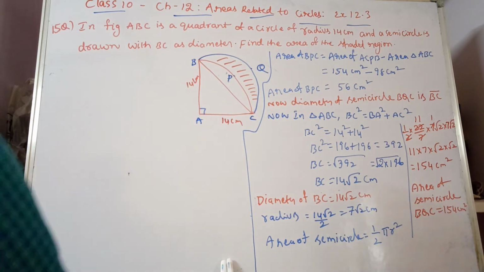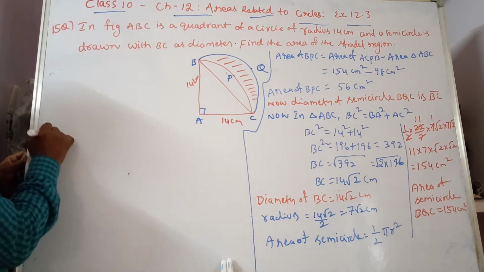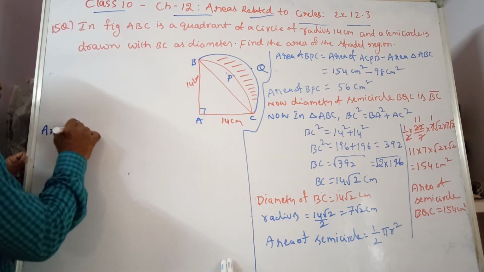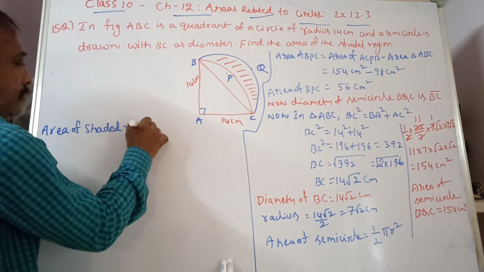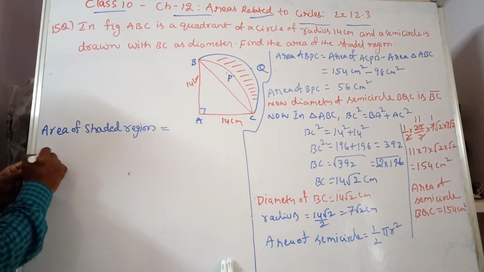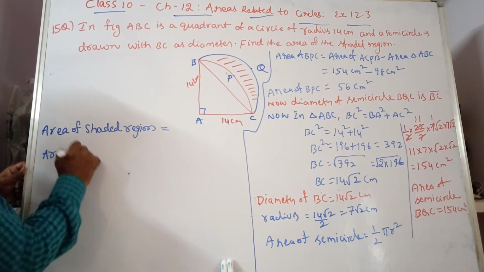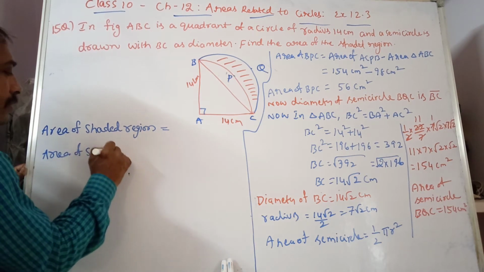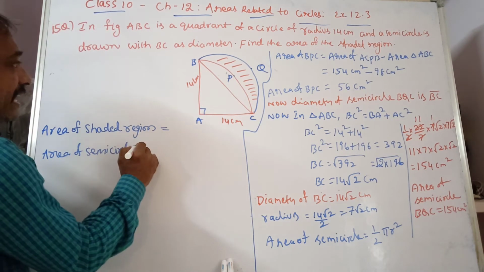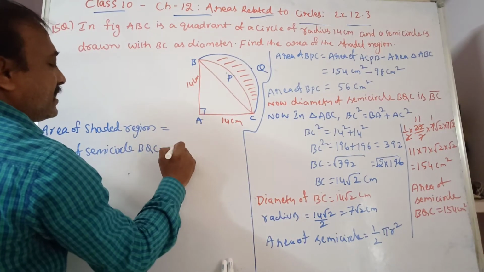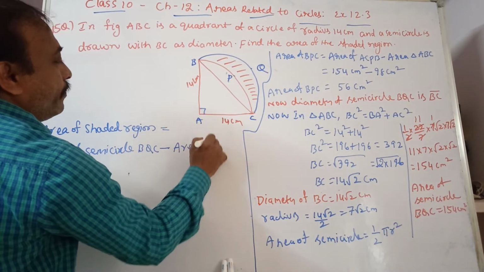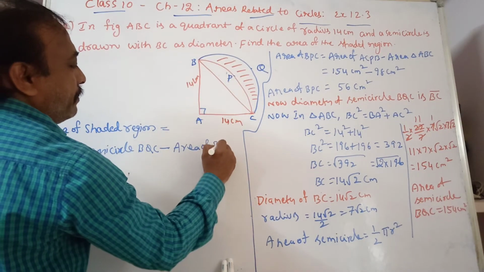Now you see, area of shaded region is equal to area of semicircle. What is the semicircle? BQC, that's the full thing, BQC minus area of BPC.